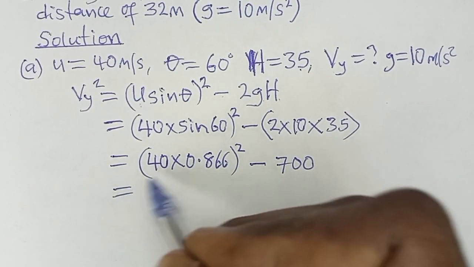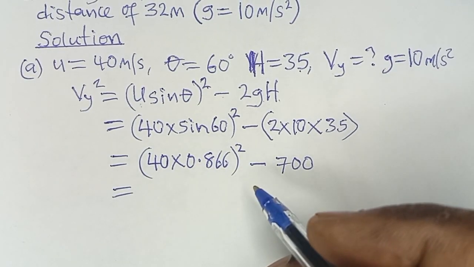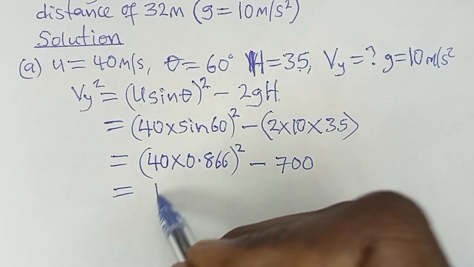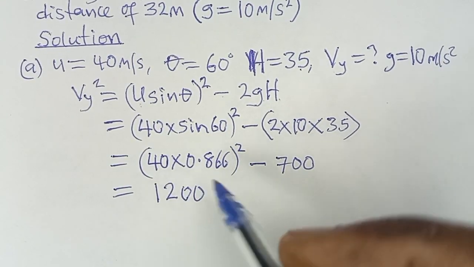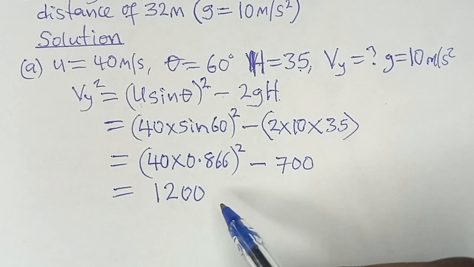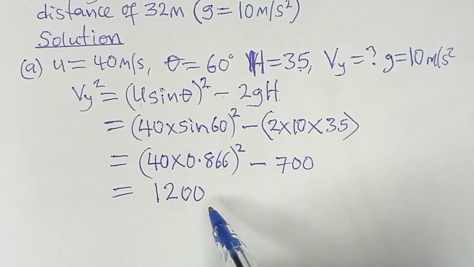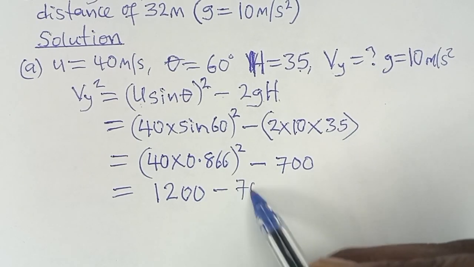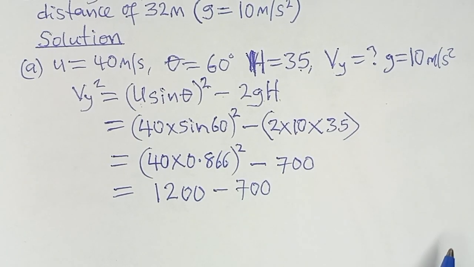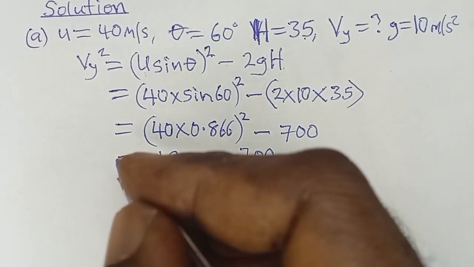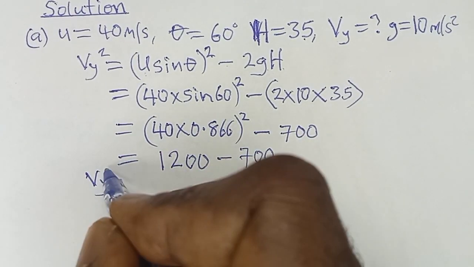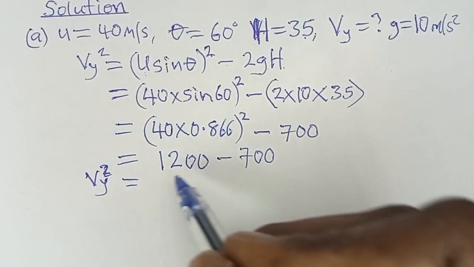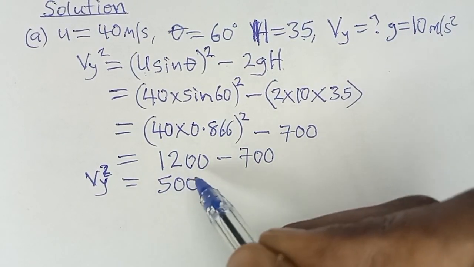So 40 multiplied by 0.866, when we square it, we have approximately 1,200. Then minus 700 will give us Vy square is equal to 1,200 minus 700, which is 500.